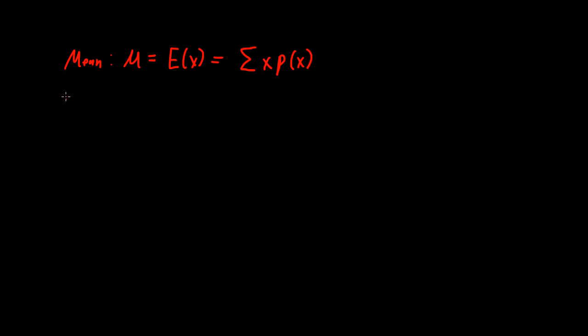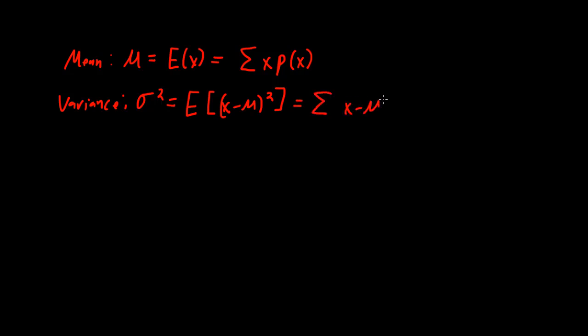We could also calculate the variance, which was sigma squared, or the expected value of x minus mu squared. If we write that out as a sum, we get the sum of x minus mu, that quantity squared, times the probability of x happening, so times P of x.